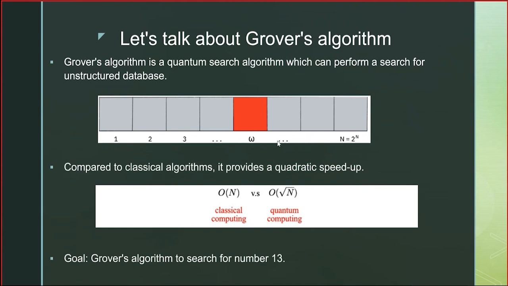For example, as you can see, looking for a specific number W in an unsorted list of n numbers. While a classical algorithm needs n searches, the quantum algorithm needs only the square root of n searches, so it provides us with a quadratic speedup. In our project, we used this algorithm to search for number 13 or binary 1101.